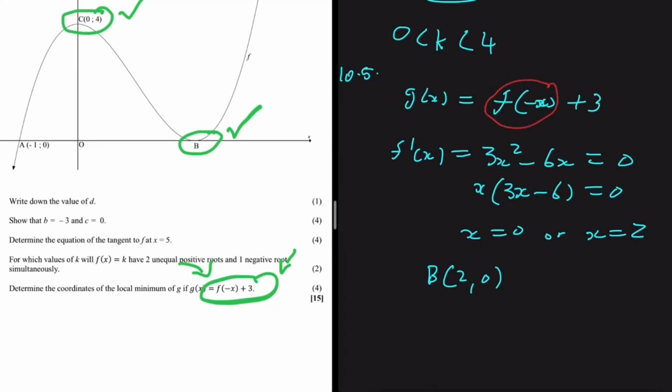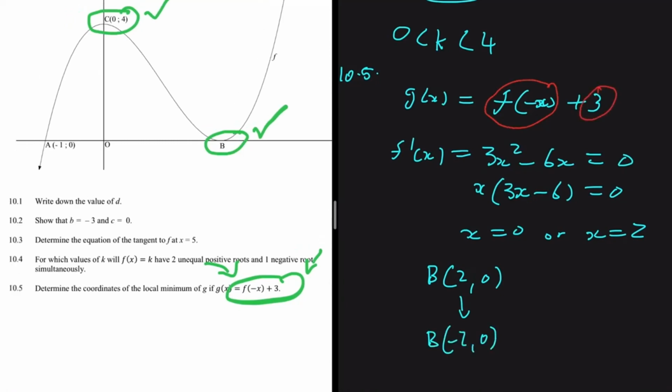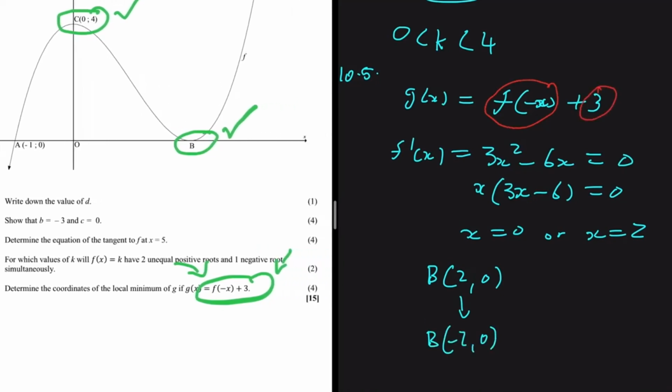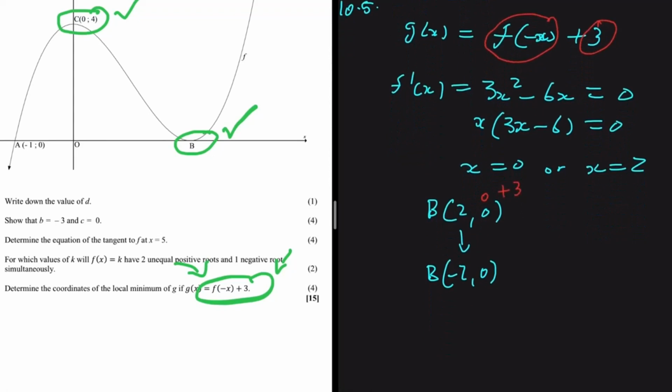So if we make the transformation to coordinate B, we're going to get minus 2 and 0. And then apart from that, we have this plus 3 here. And like we were saying on 10.4, that 3 moves the graph up or down, right? So here the y value was 0, and then we move 3 units up, right? So instead of B being minus 2 and 0, we're going to get B being minus 2 and 3.